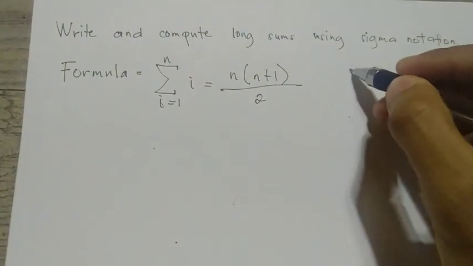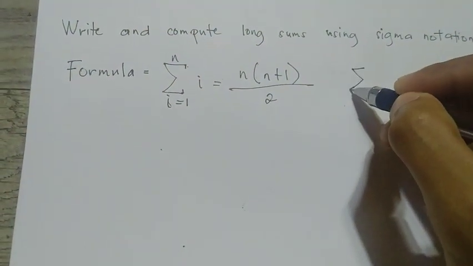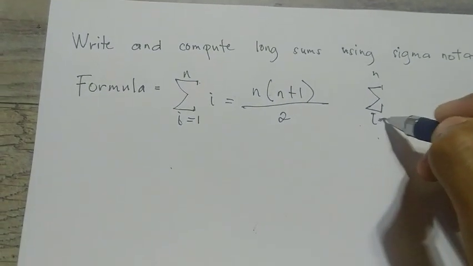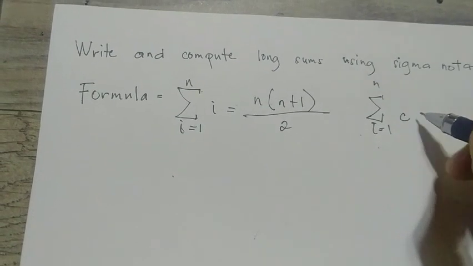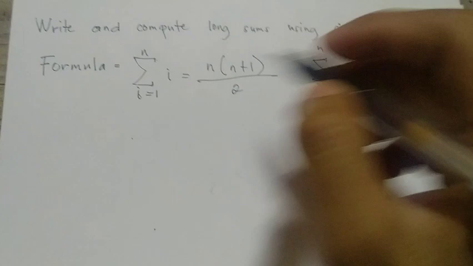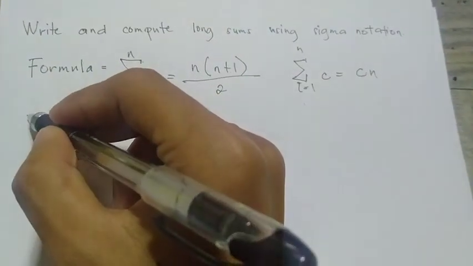And we also have this formula: the sum from i equals 1 to n of c equals c times n. So I have here an example.